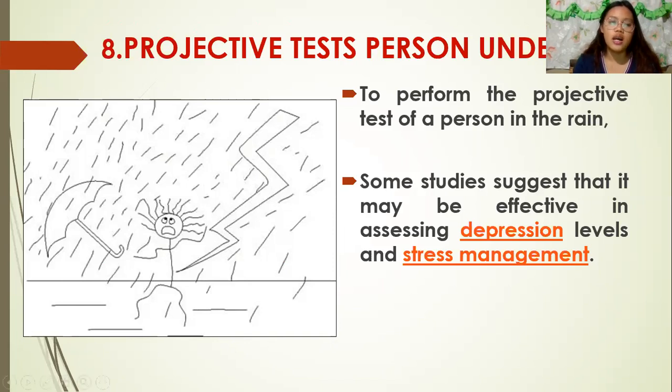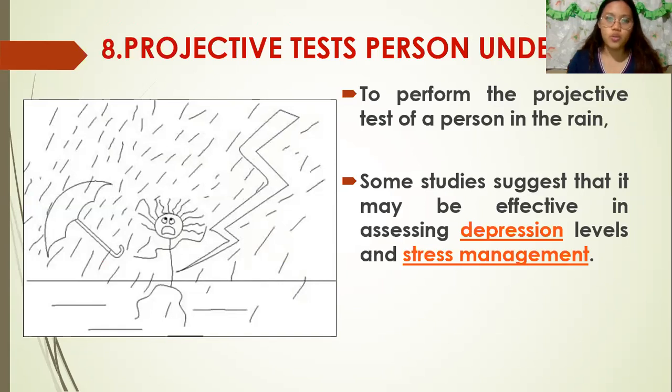So this person under rain expressive test may give clues or hints about a person suffering from stress or depression. So I think those are just some of the examples of expressive tests.